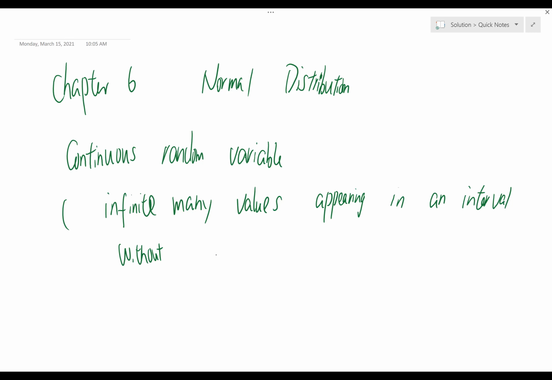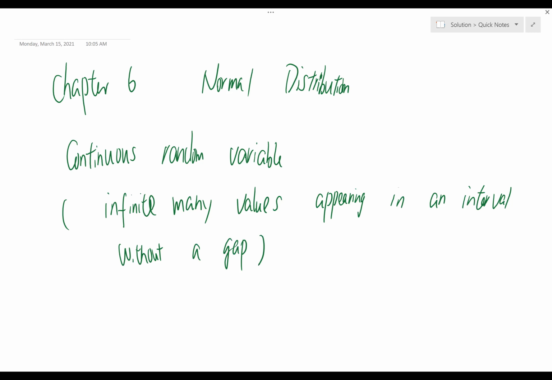That's usually a continuous random variable. So it's anything between 2 gallons to 3 gallons, and any number in between is possible. So we have infinitely many numbers possible in between that 2 gallon, 3 gallon interval without a gap.